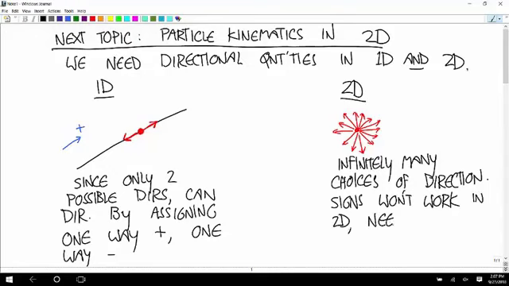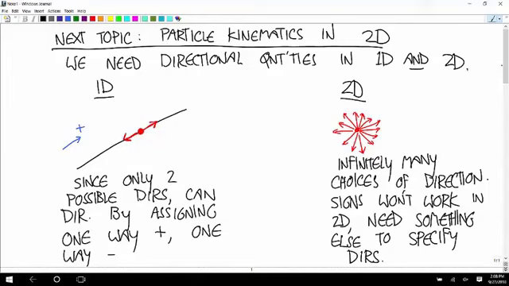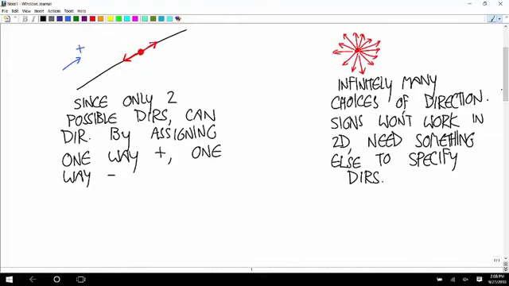So we need something else to specify directions. And the thing that we're going to use to give directions in 2D is called a vector.